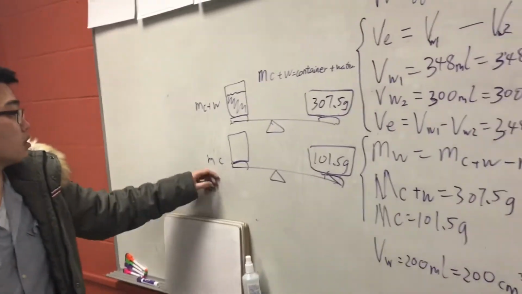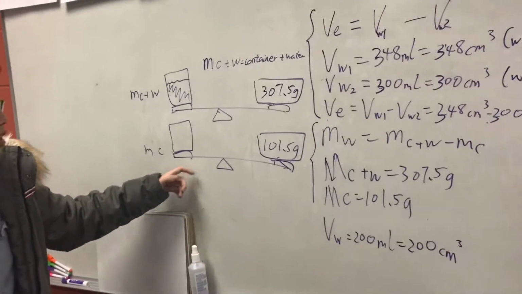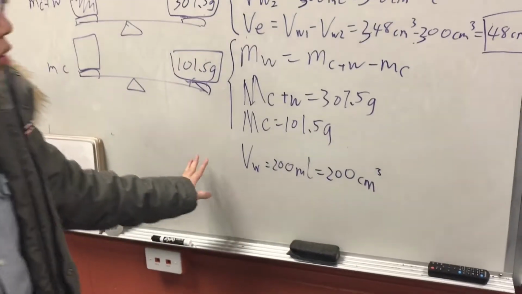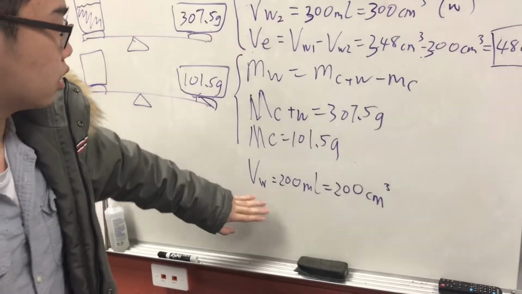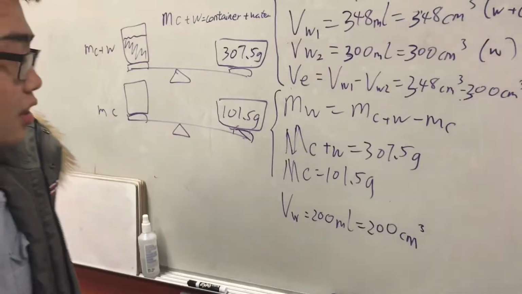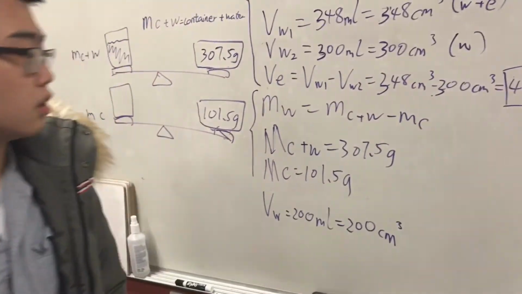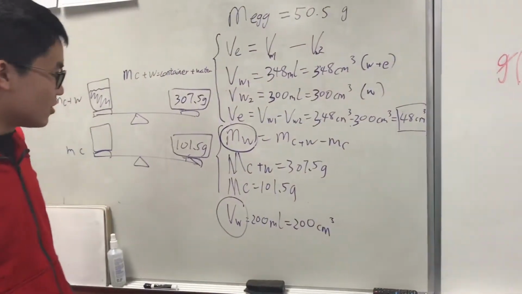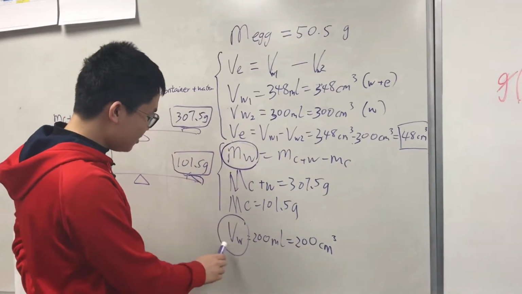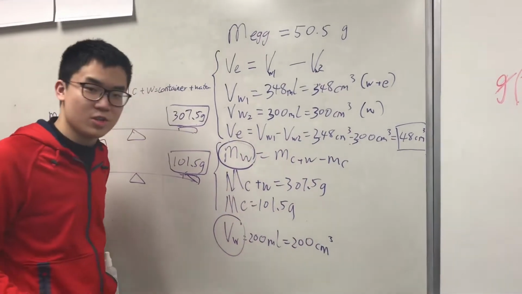And the mass of the container itself is equal to 101.5 grams. For the experiment, we use the volume of the water as 200 milliliters, which is equal to 200 cubic centimeters. In addition, the mass of the water here is the mass of the water which we use in the experiment.